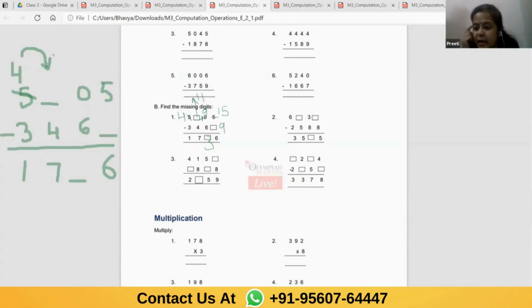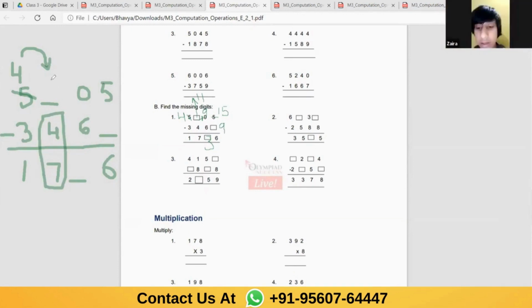So think, what can be the number so that if I subtract 4 from it, I get 11. I told you last time that when the answer is given and the smaller number is given, always add them up. When you add them up, you get the bigger number. Do you remember? I told you this rule in the last class. Yes, ma'am. It must be 11.